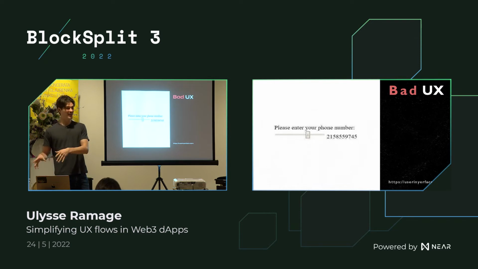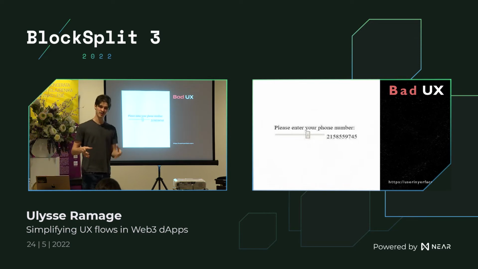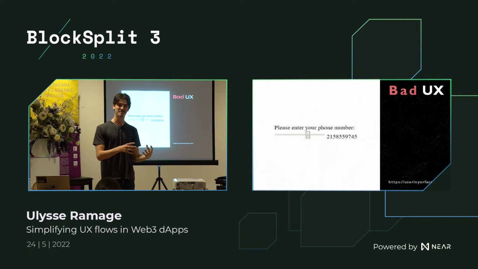So what does bad UX do in the first place? Well, bad UX makes your application unusable. This is not a good UX because you can't see the text, but if you go to this website, it's called User in Your Face. It's a very funny website. They basically made a very simple form that you need to fill as quickly as possible. Because it's intentionally bad, it makes it very hard to fill it quickly.